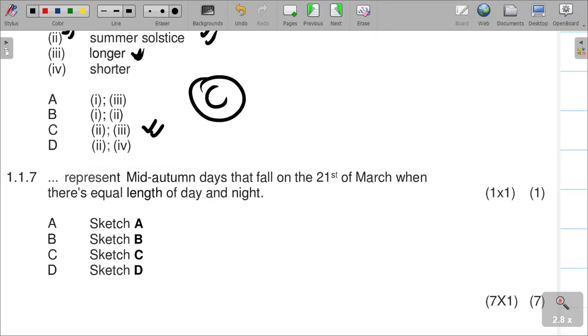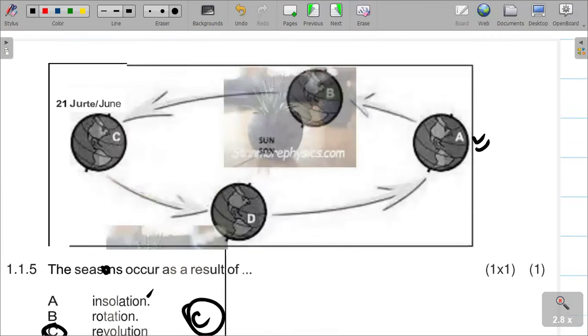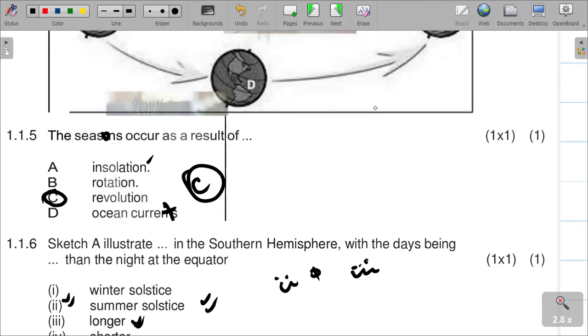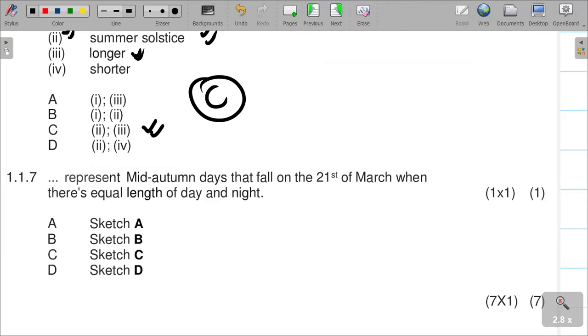If you check the notes, this diagram has been explained enough, but for the sake of progress, what I want you to see is that the representation of days falling on the 21st of March, when there is equal length of days and night, is shown in sketch B. Sketch B identifies where there is equal length of day and night, which is what we call equinox.